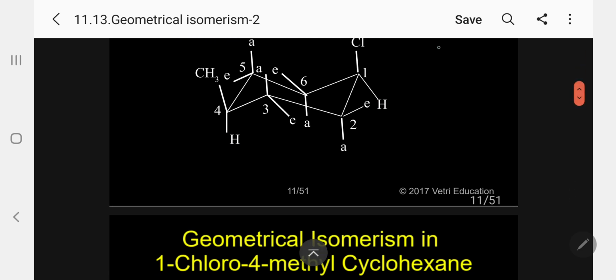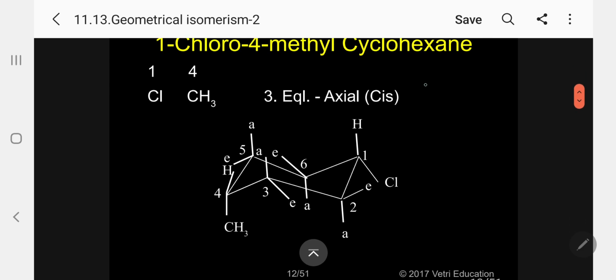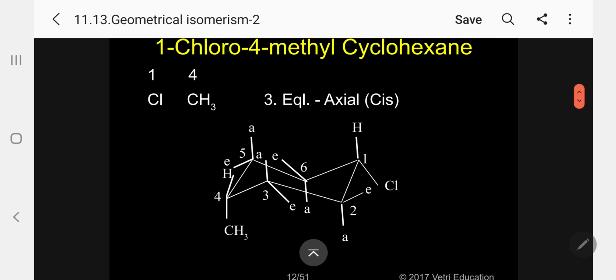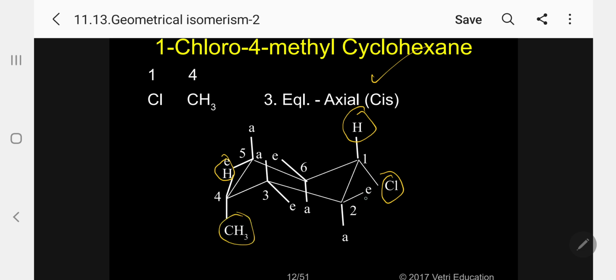Kindly follow. The third example under the 1, 4: that is 1 hydrogen, in this case axial, and 4 again equatorial, both above, it is cis. If you consider chlorine equatorial and methyl equatorial, they are going below, so it is cis.